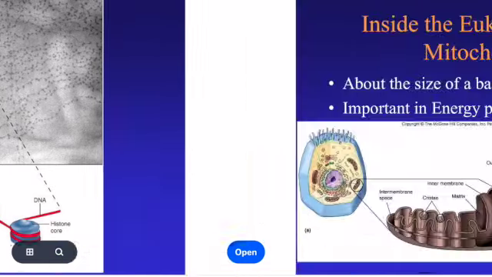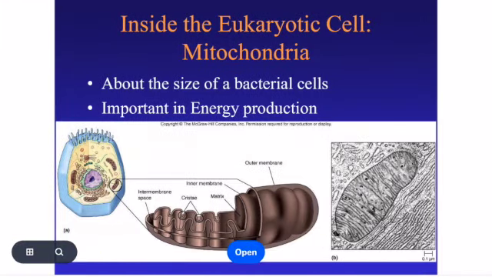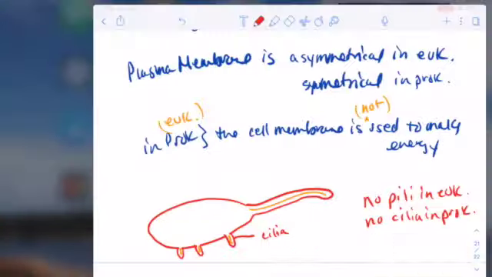Love it. All right. Inside the eukaryotic cell, you will find membrane-bound organelles, and one of those is the mitochondria. You will not find them in prokaryotic cells.